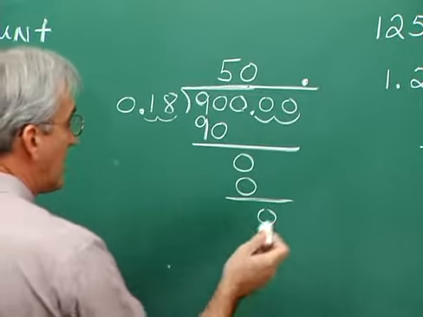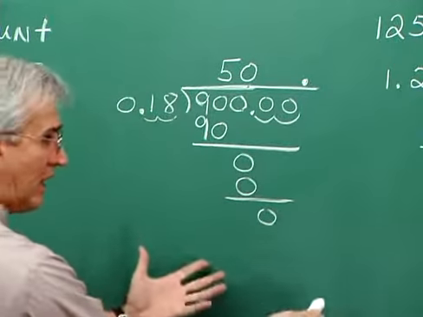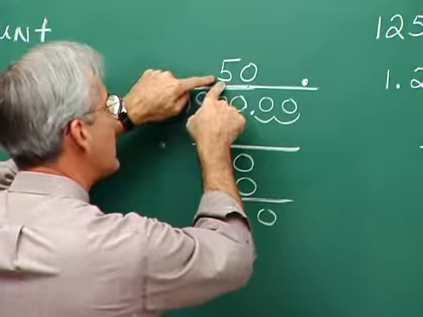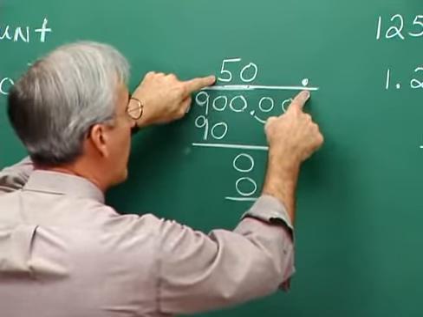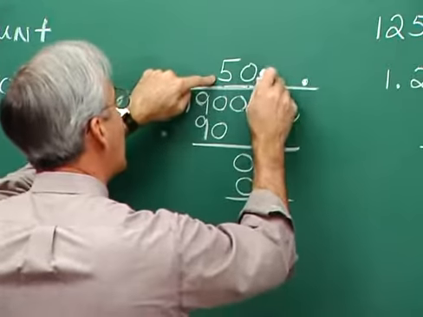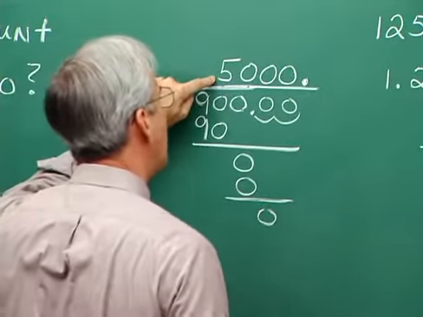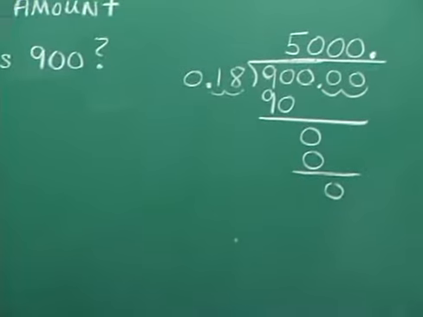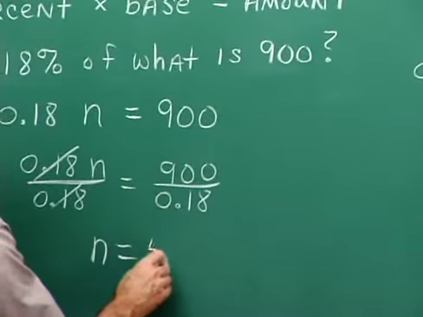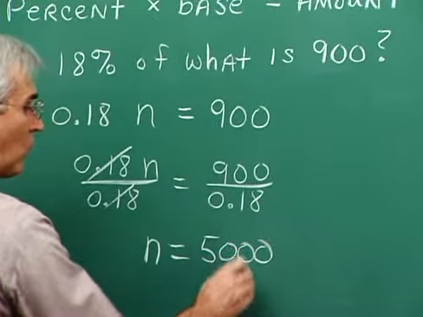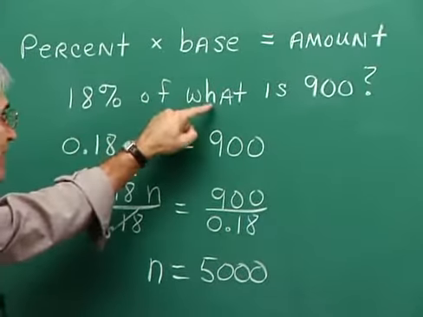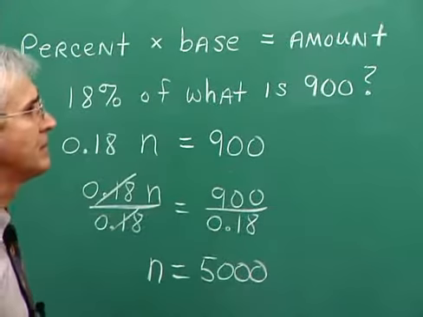Or we can say, well, we know that we're going to get zeros down here, and all we have to do is fill the positions between this digit 5 and the decimal point. And if we have things lined up pretty well, we know that we need to fill those positions with 3 zeros. Okay, so 5,000 turns out to be the quotient, and n then is 5,000, and we are answering the question posed, where we're saying then that 18% of 5,000 is 900.